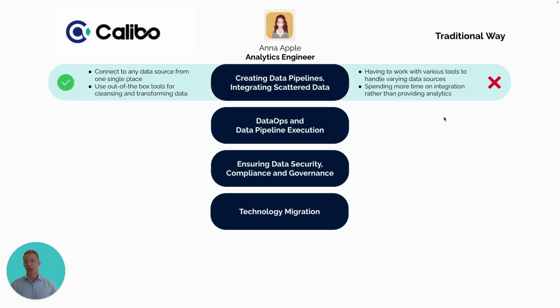What we've seen with Calibo, speaking about creating pipelines and integrating scattered data sources, really with Calibo, let's talk about the traditional way first. First of all, you would probably have to use various tools to ingest data from very different data sources. Some ELT tools do not provide out-of-the-box connectors to some of the applications you use, so you end up using many, many different tools.